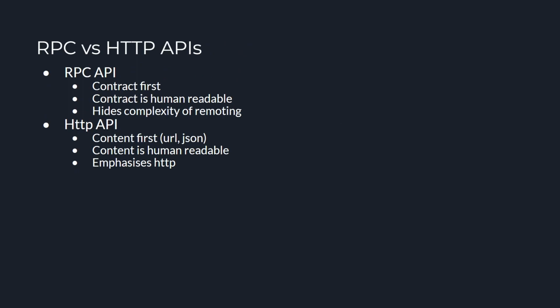Differences, or pros and cons, of RPC compared to HTTP APIs: with RPC, as we saw, we have contract first. We are defining our contracts, our services, and everything upfront. They are human readable by us developers.